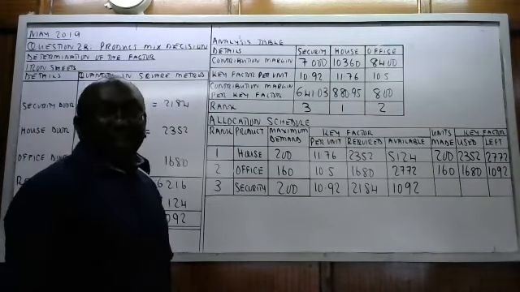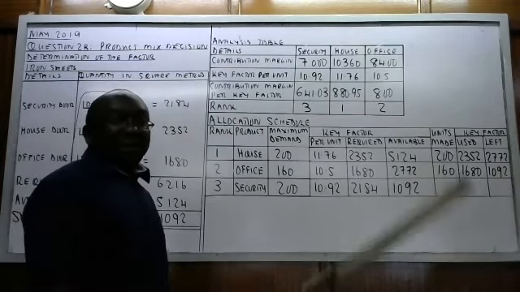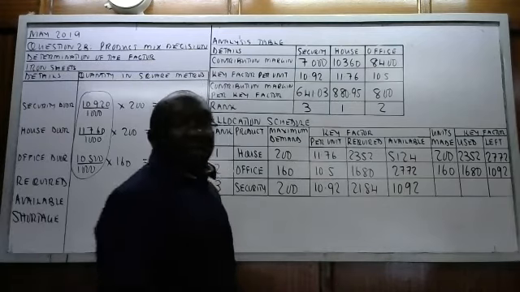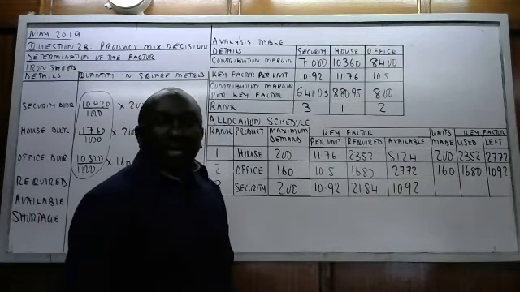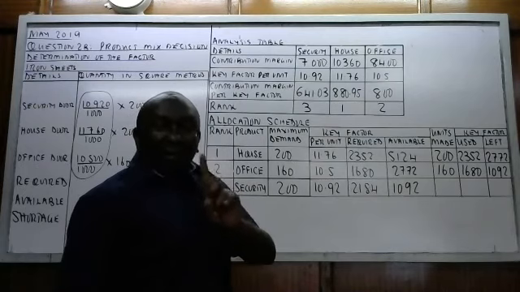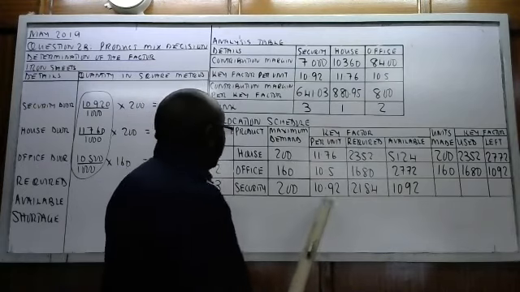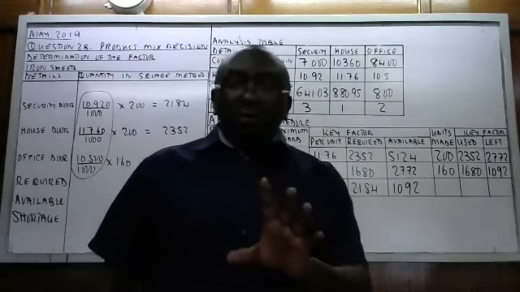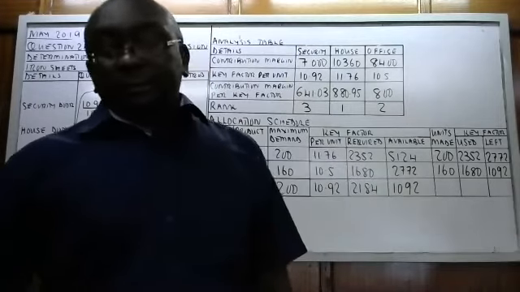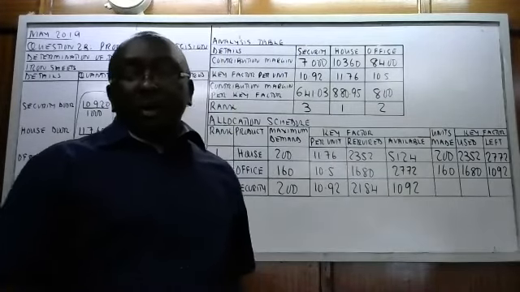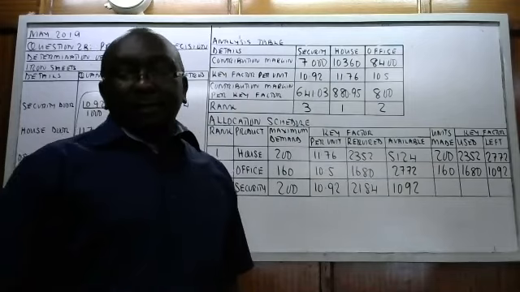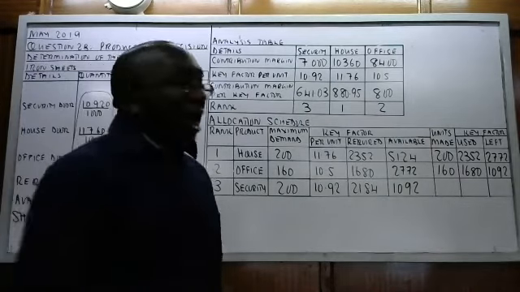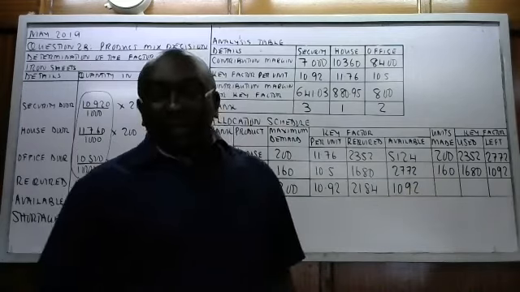Monica, Racha imekaribia. Tunasema hivi. You have 1092 square meters. And 1 unit inakuchukua 10.92. So how many units can you make? You have 1092 shillings.